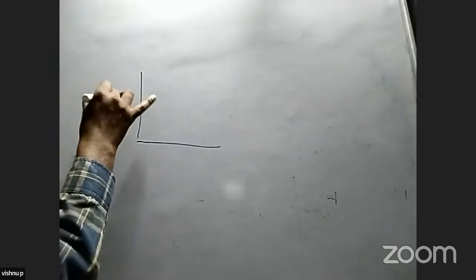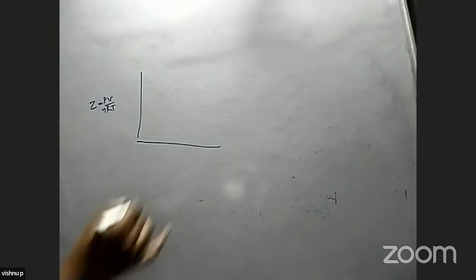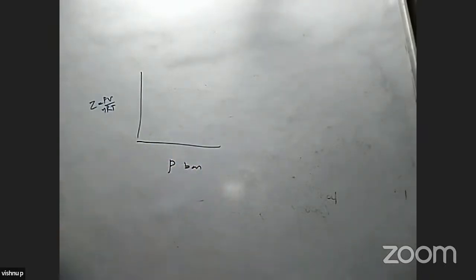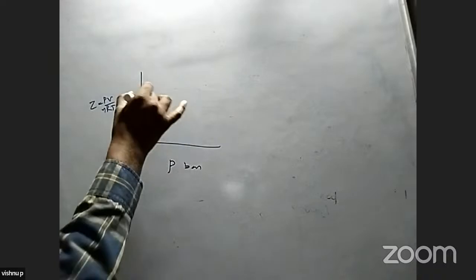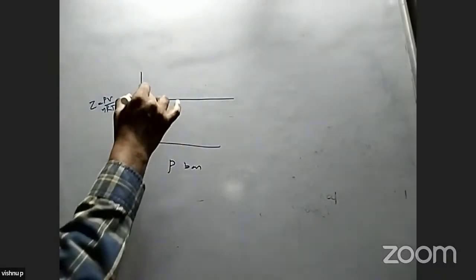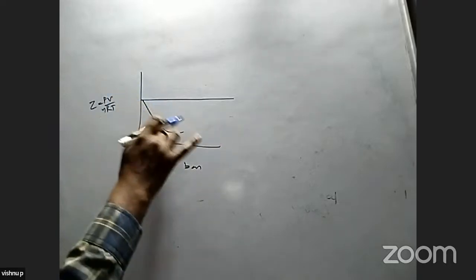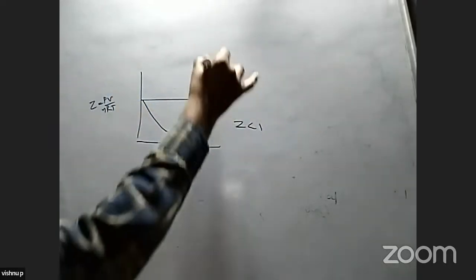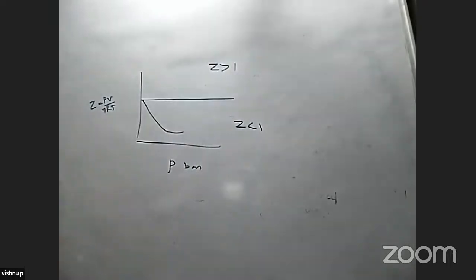We draw one graph here, Z equal to PV by nRT for n moles of gas. Here pressure we can take in bar or atmosphere, and we get this graph for ideal gas and real gases. Initially, this is Z less than 1 and this is Z greater than 1.